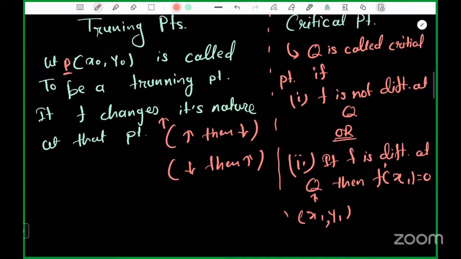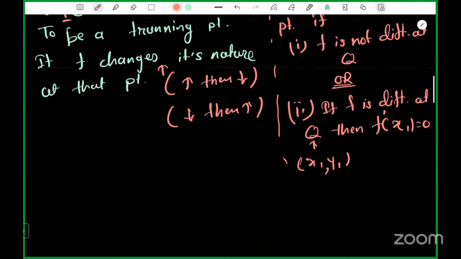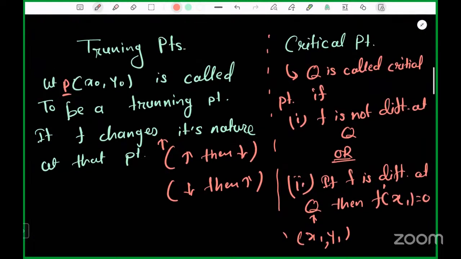Now what is the relation between turning and critical points? A student asks: in a critical point, the function should be discontinuous? Either it should not be differentiable, or if it is differentiable, then the derivative should equal 0. If it is not differentiable, it is possible to have continuity, but it cannot be differentiable. Whereas if it is differentiable, then the derivative, the slope of the tangent, should be equal to 0.